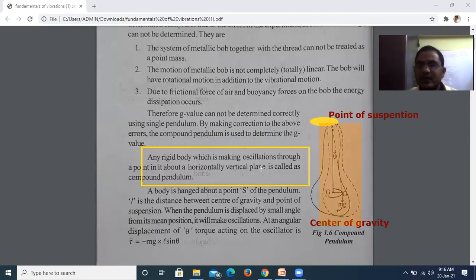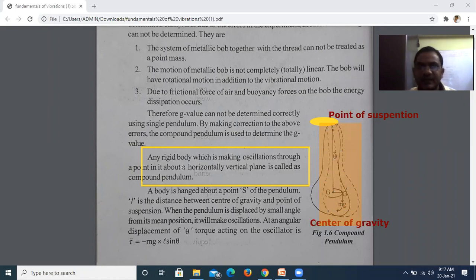So this is a vertical plane. Vertical plane లో ఇది ఈ విధంగా వైబ్రేటరీ మోషన్లో ఉంటుంది. కాబట్టి ఎస్ అనే పాయింట్ దృష్ట్యా అది వెర్టికల్ ప్లేన్లో ఆసిలేట్ లేదా వైబ్రేట్ అయ్యే విధంగా మనం చేస్తాం. ఇటువంటి సిస్టమ్, దట్ అరేంజ్మెంట్ ఈస్ కాల్డ్ కాంపౌండ్ పెండులమ్.